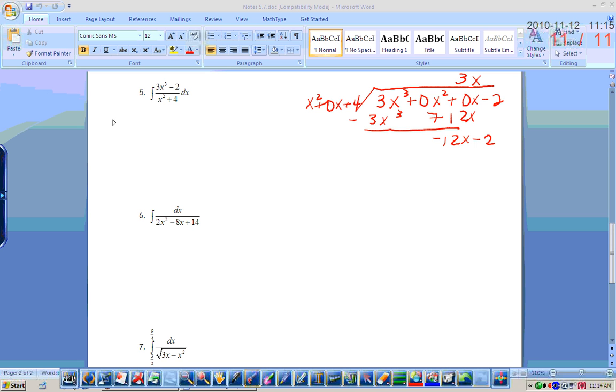All right, so this whole thing can be rewritten as the integral of 3x plus the remainder divided by x squared plus 4, so I'm going to break it up into 2 different integrals. So negative 12x minus 2 over x squared plus 4.